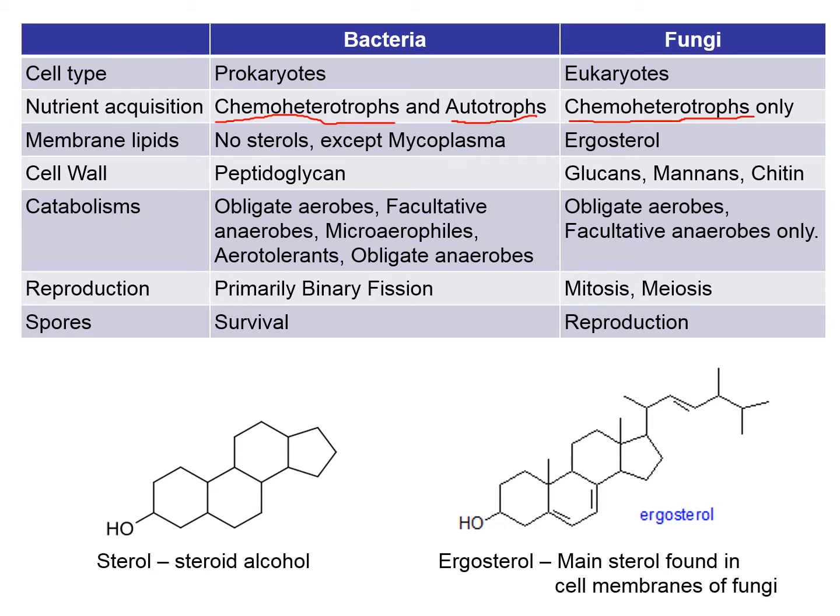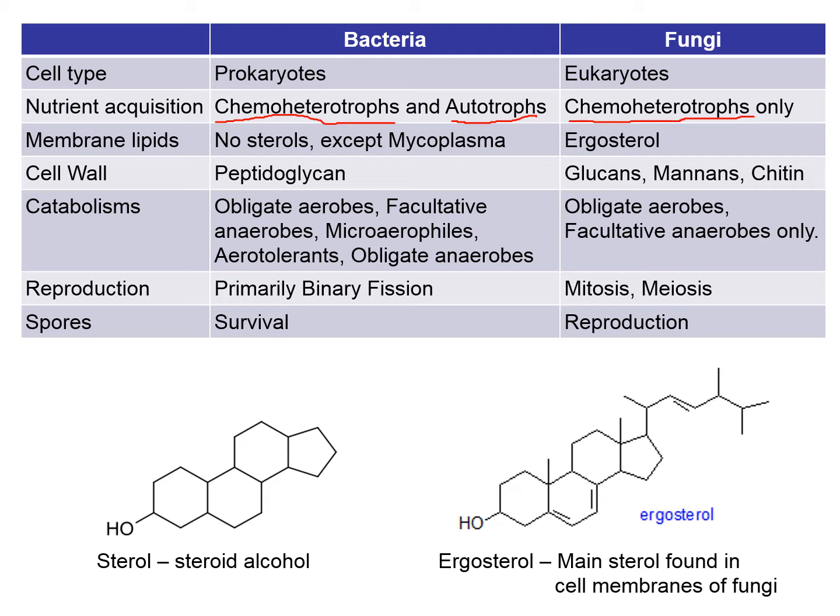If the fungi are getting their nutrients from living organisms, think about, for example, some of the yeasts that live in and on our body, then those are called biotrophs. Bio means life and troph means attracted to. So these are fungal organisms that absorb their nutrients from living organisms.